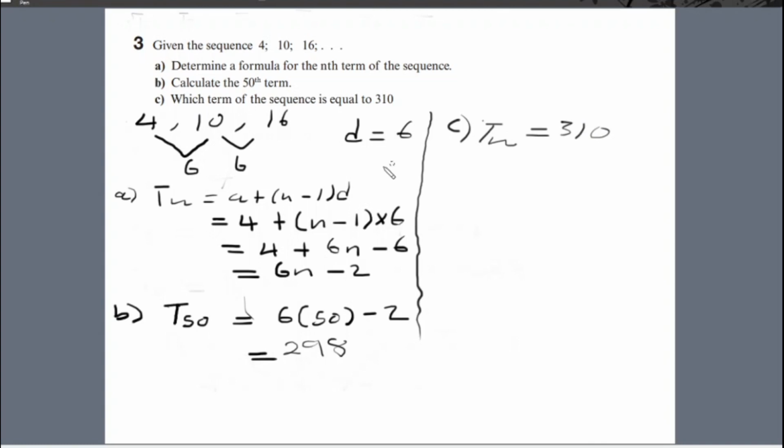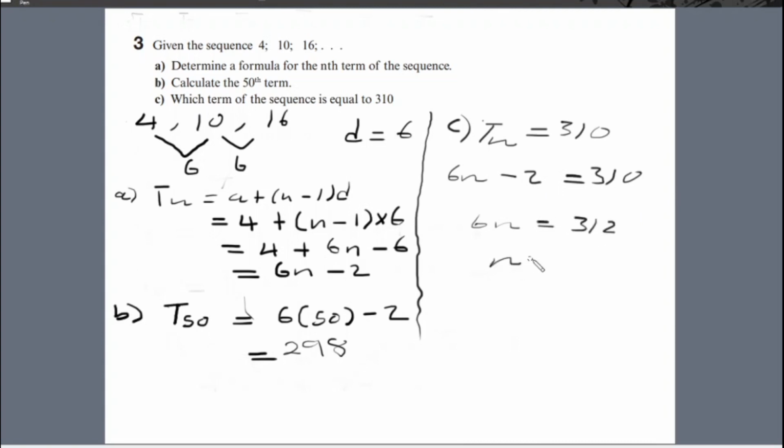So sizothi Tn equals to 310. Tn is equal to 6n minus 2. 6n minus 2 is equal to 310. Njena sine question yaka solve for n, so sisolve for n la. So nothatha u2 umletha ngaphana uzoba no 6n is equal to 312.